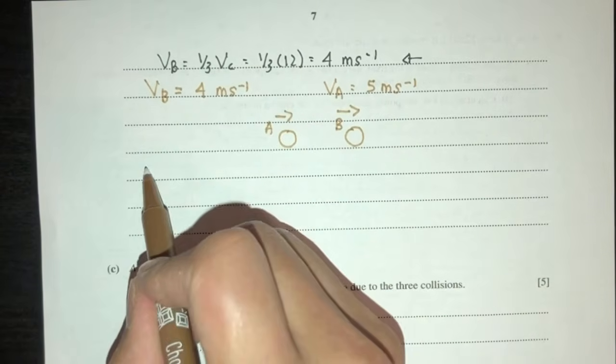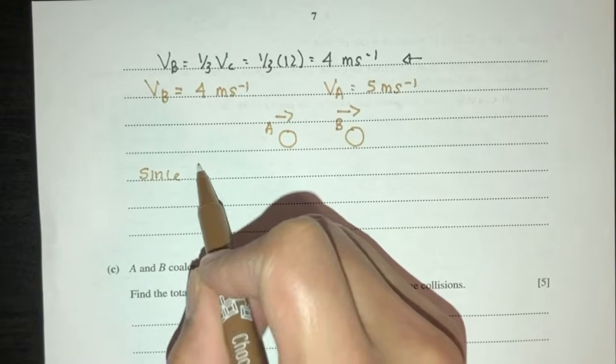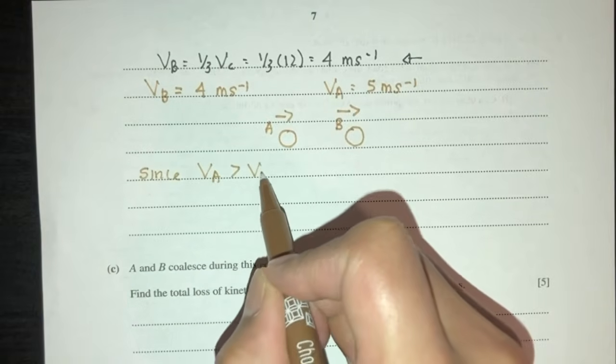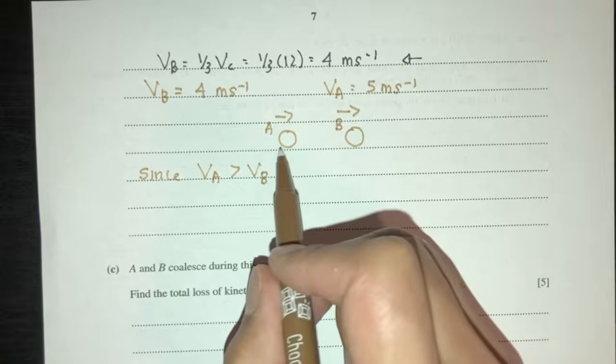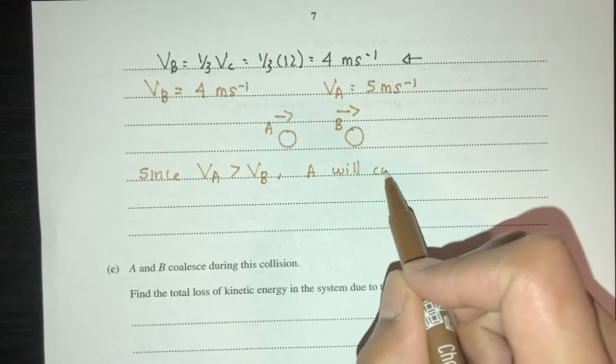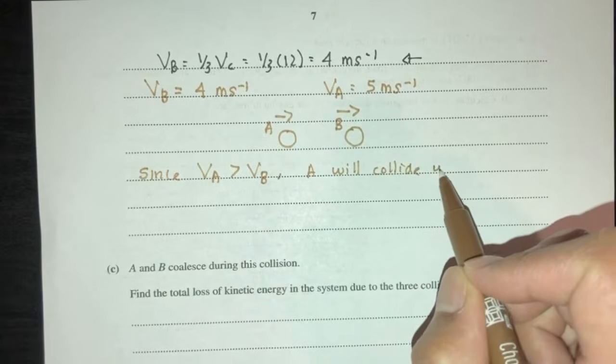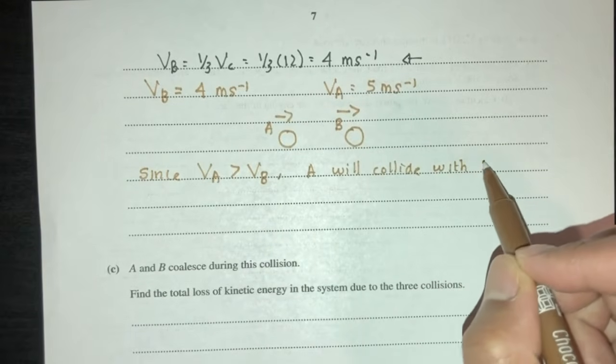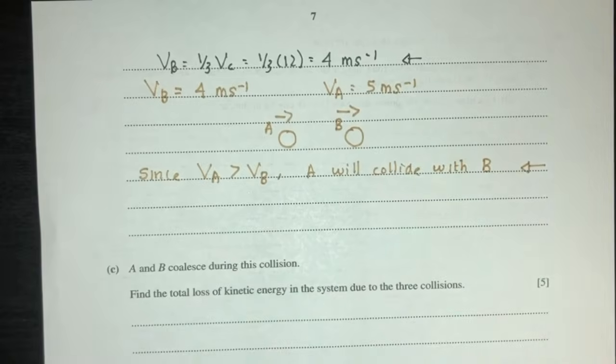Since the speed of A is more than the speed of B, eventually A will catch up with B, so A will collide with B because of that. Okay, and that is your answer for part B of question 4.